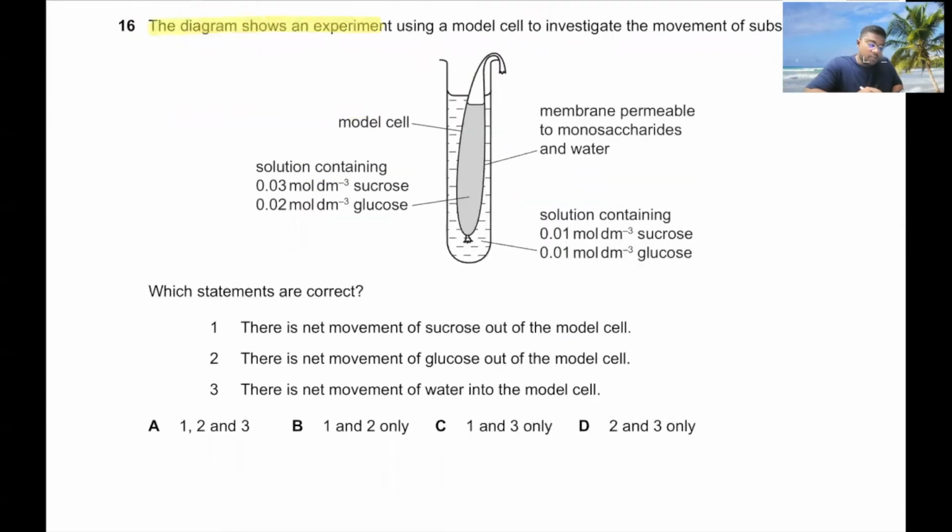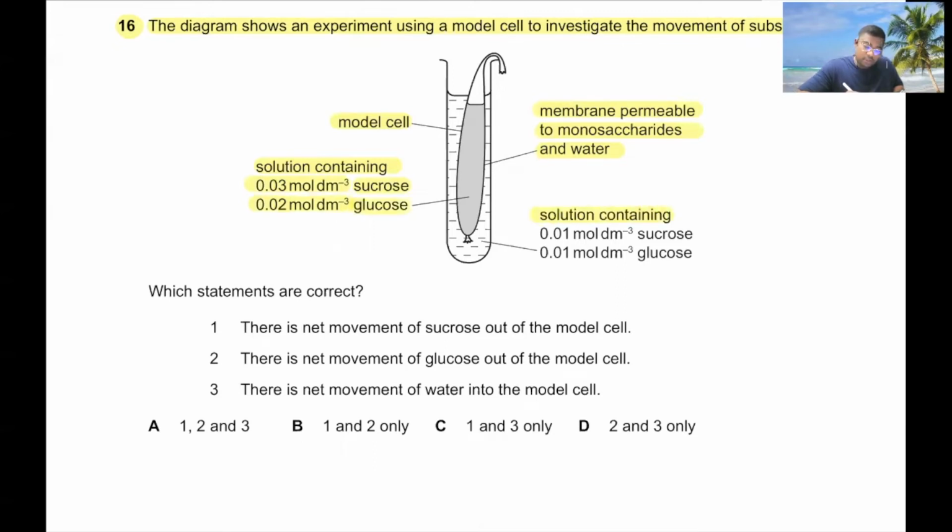The diagram shows an experiment using a model cell to investigate the movement of substances. The membrane is permeable to monosaccharides and water. The model cell contains a solution of 0.03 mole per dm cube sucrose and 0.02 mole per dm cube glucose.